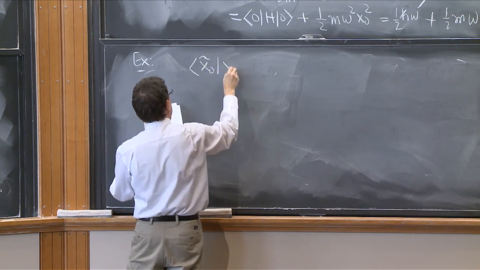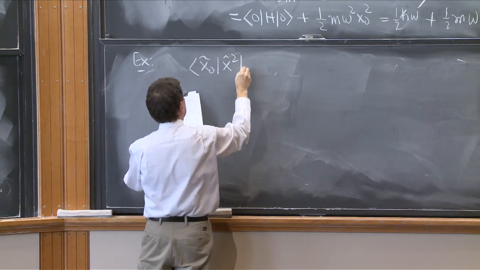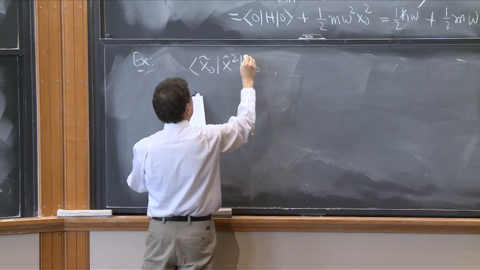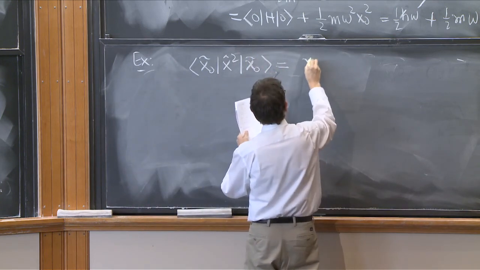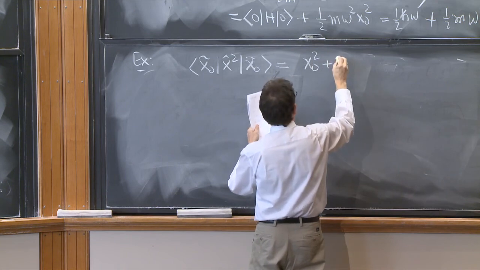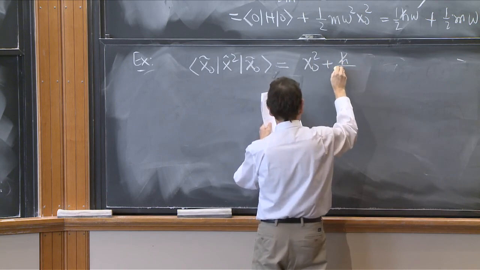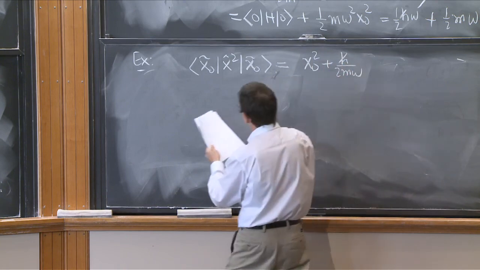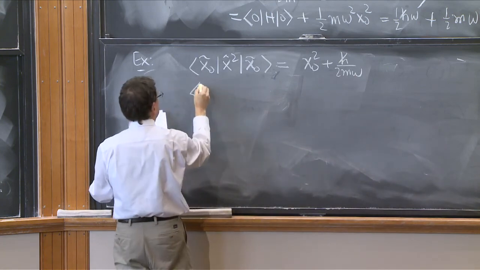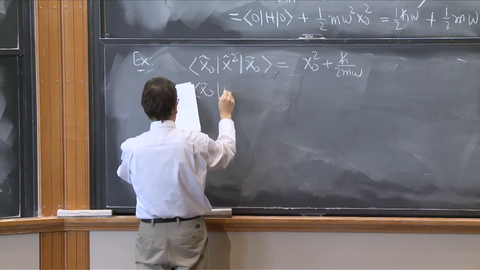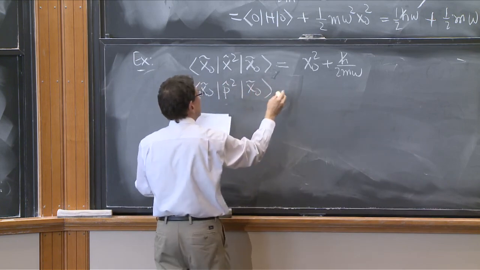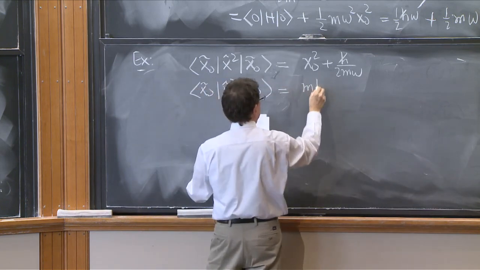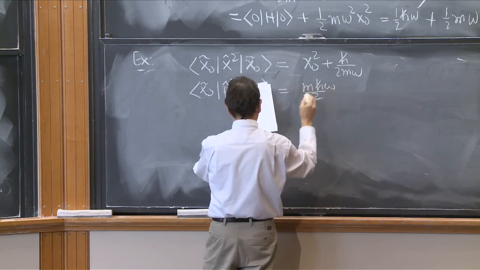Just calculate, it's useful to have: x0 tilde x squared x0 tilde is x0 squared plus h bar over 2m omega, and x0 tilde p squared x0 tilde is m h bar omega over 2.